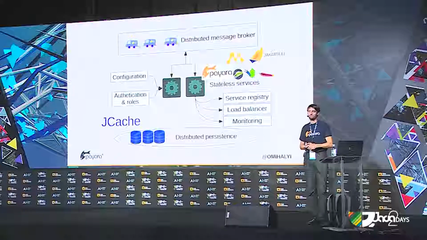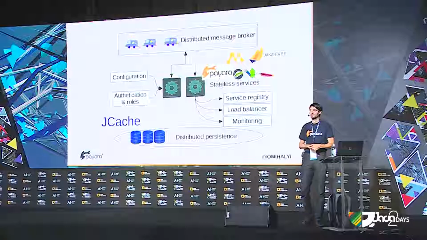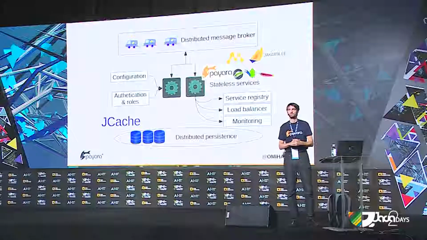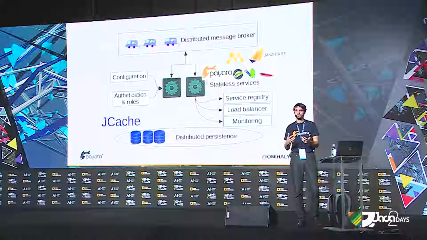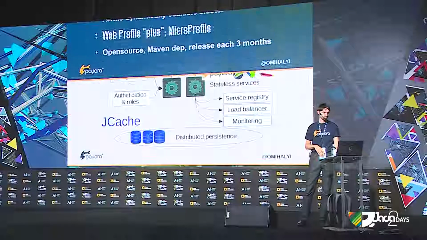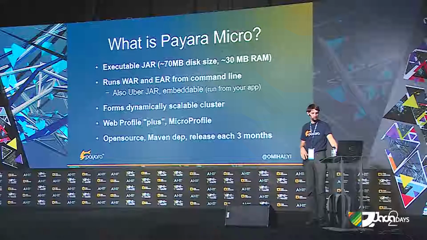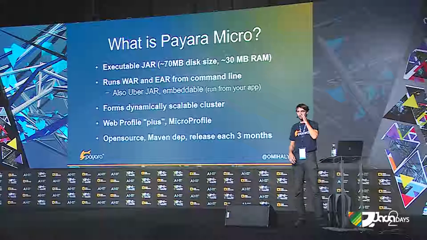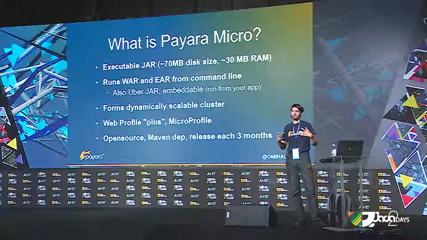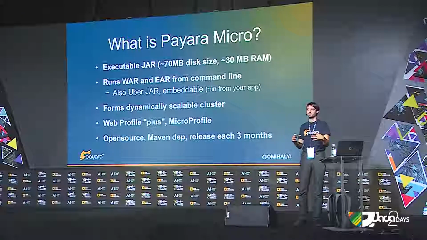But there are also more implementations. As I said, these are specifications, so they all have different implementations, and you can choose which fits your needs better. The advantage of a runtime, and I'm not going into details about Payara Micro, is that you already have a lot of setup done for you.